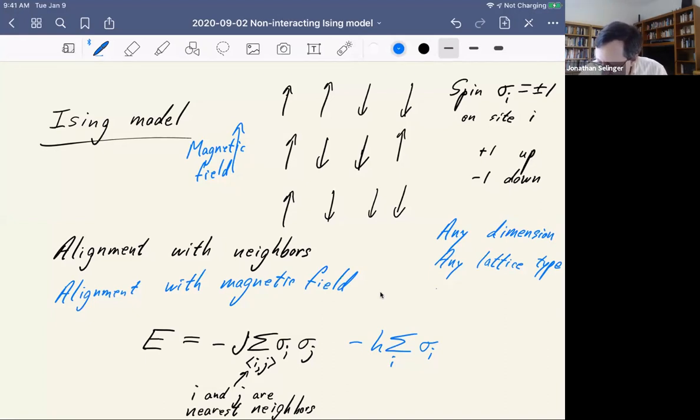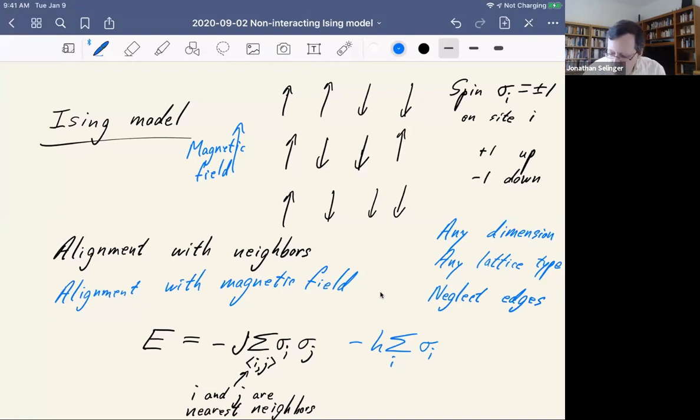We will neglect the edges, okay? That is, we'll assume that it's an infinite lattice that goes on forever. So there's no boundaries to worry about. All right, so now that we have this model, we could say, what do we want to do with it?